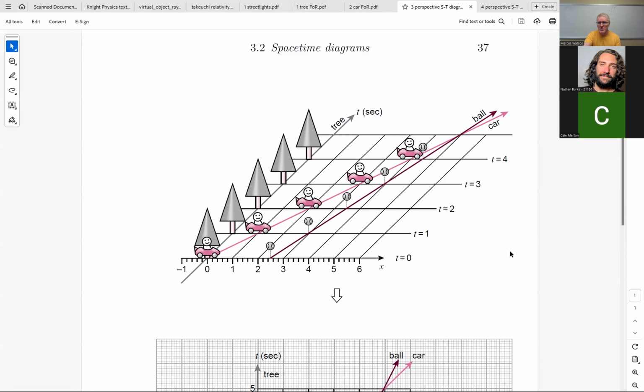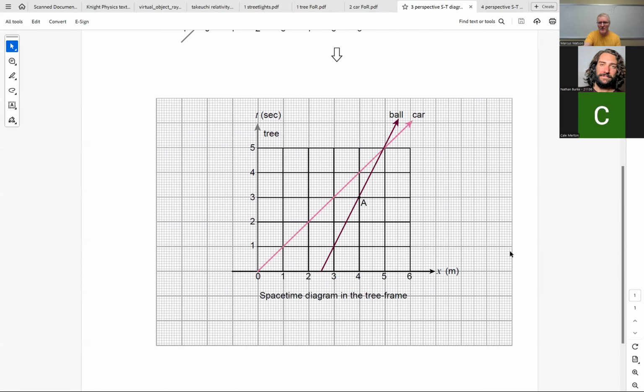Now if I scroll down, this is what this looks like from a bird's eye view. There's the tree as it goes up the left side, there's the t-axis going up the left side. The tree's position is x equals 0 the entire time, t equals 1, 2, 3, 4, 5. It doesn't change its x position. However, the car's position does move, and the ball's position does move.